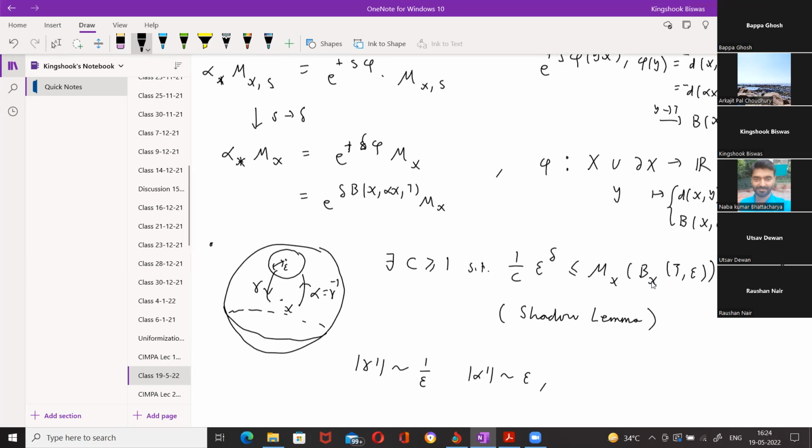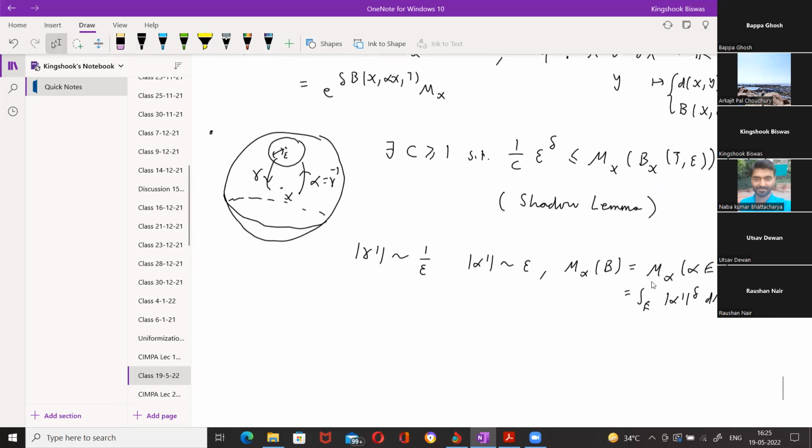And so then mu x of the ball looks like mu x of alpha of some fixed set E. And this looks like the integral over E of mod alpha prime to the power delta d mu x. And so this alpha prime is like epsilon. So this looks like a constant times epsilon to the power delta. All right, that's the idea. Okay, does this make sense? Yes. Okay.